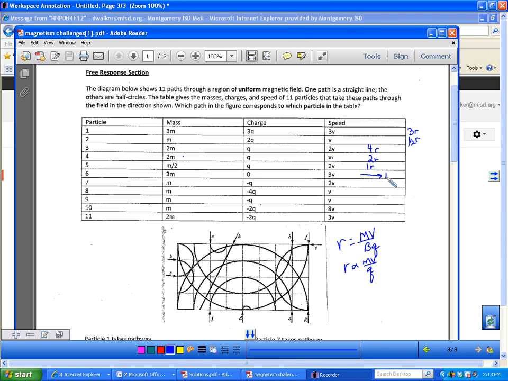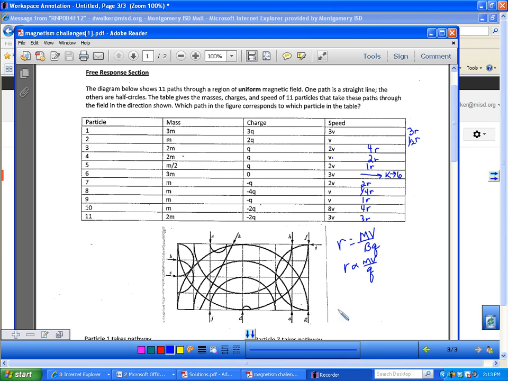We already figured out that pathway K was particle 6, so we've already dealt with that one. 2v times m gives me 2mv over q, so that's going to be a 2r. This is going to be mv over 4, or a fourth of an r. This one's going to be mv over q, or 1r. This one's going to be 8mv over 2, which is 4r. And this one's going to be 6mv over 2, which is 3r.